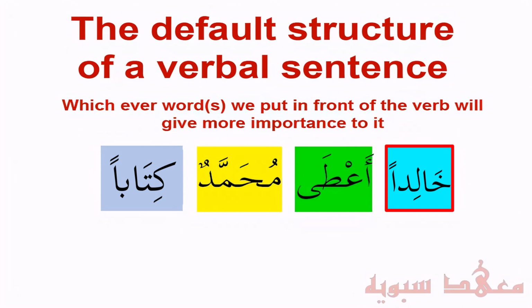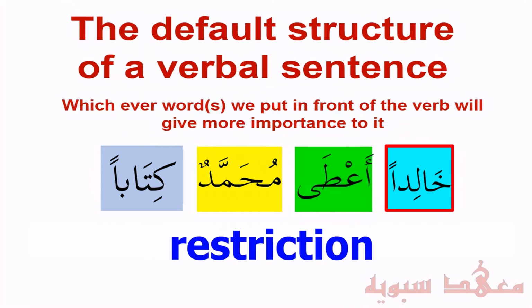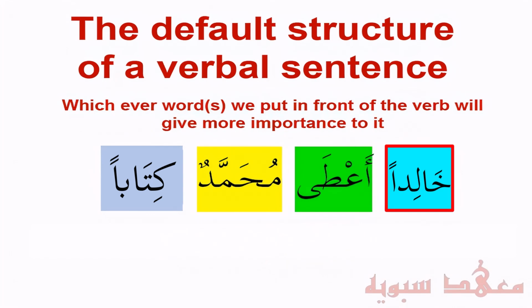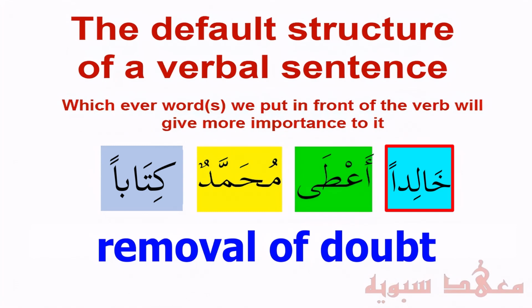So what meanings are associated with this? To constrict the action only to Khalid, meaning that Muhammad gave a book only to Khalid and no one else. That's one meaning associated with bringing Khalid in front. Also, it could be done to remove doubt of the listener. So if the listener hearing it thinks that Muhammad gave Amr a book, to remove this doubt, we will mention Khalid first.